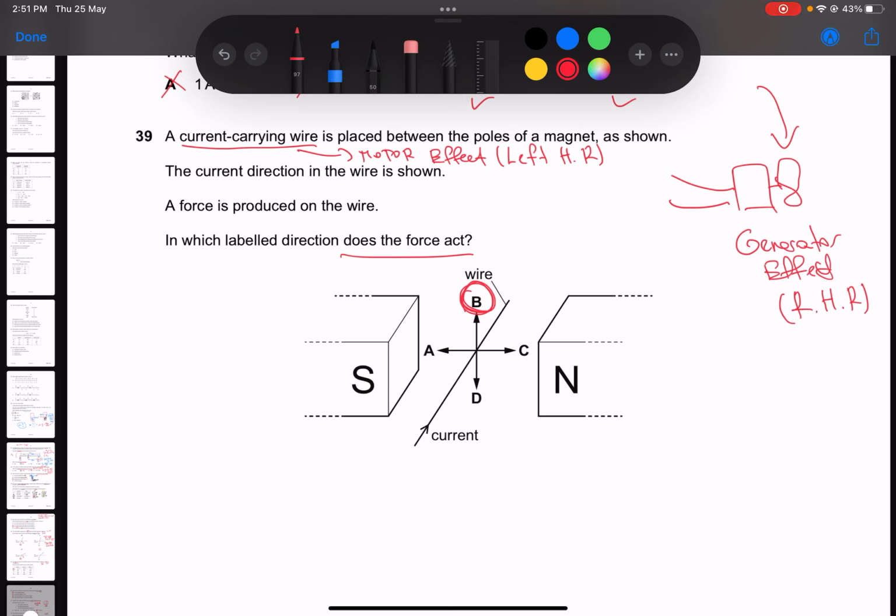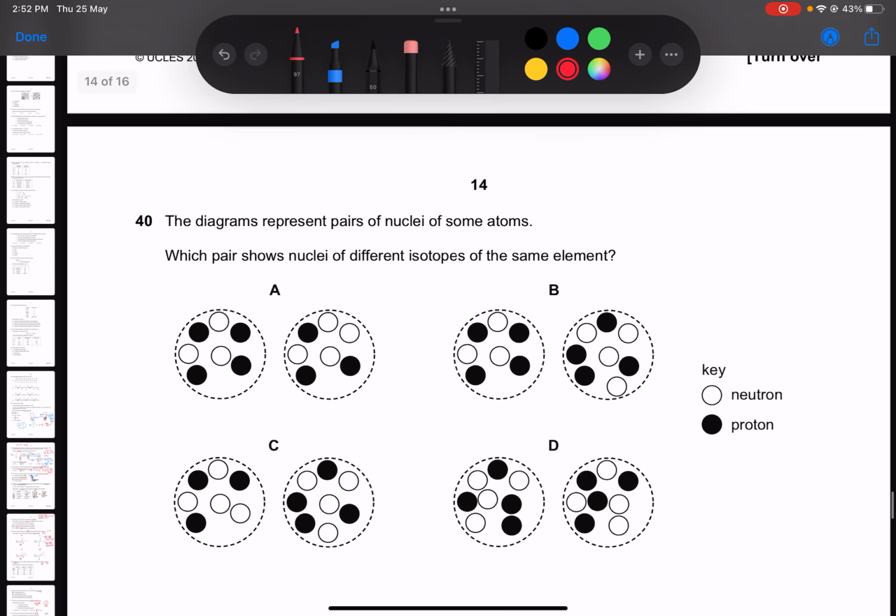But here, guys, remember this. The first point is determining whether it is left hand rule or right hand rule. So current carrying wire, or current running in the wire, in the circuit, would be left hand rule, motor effect, all the time. But induced electricity, induced current, or generated current will definitely be right hand rule.